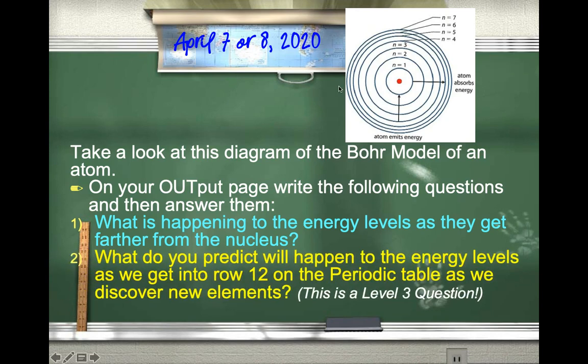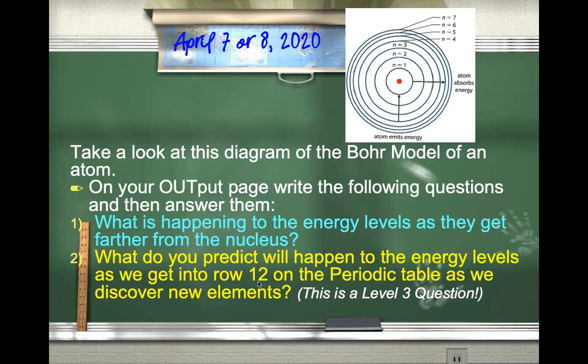If this is the way they look right now, what would you predict will happen to the energy levels as we get into row 12 on the periodic table, as we discover or create new elements? Right now there are only 7 rows on the periodic table, matching the 7 energy levels for the elements we have. So what do you predict will happen if we got up to row 12? Go ahead and pause the video, think about those 2 questions, answer them, and then we'll talk about it.